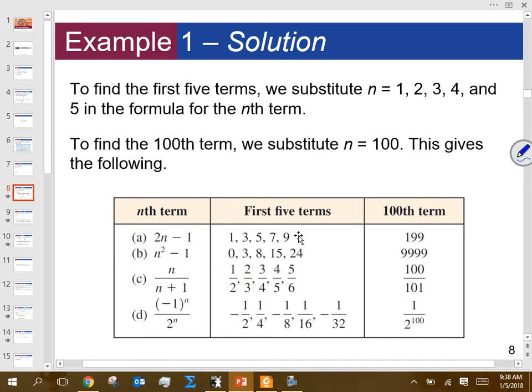Getting closer and closer to 1, aren't they? So when we see that a list of values is approaching some limit, some boundary, some finite value, in this case approaching 1, will we ever get there? No. But we're approaching it. Does that make sense? We say then that is a convergent sequence.